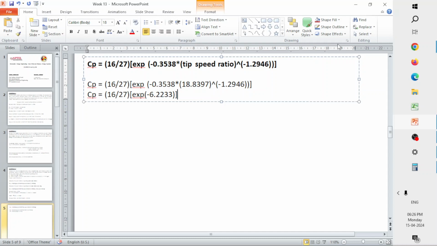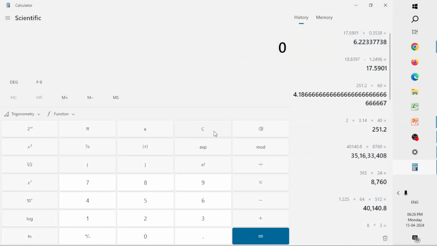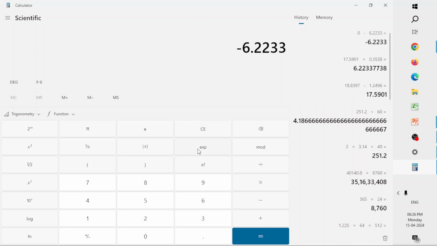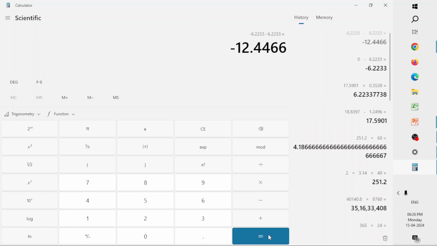So we have to calculate this value. Cp will be nothing but exponential of this. Just a second.